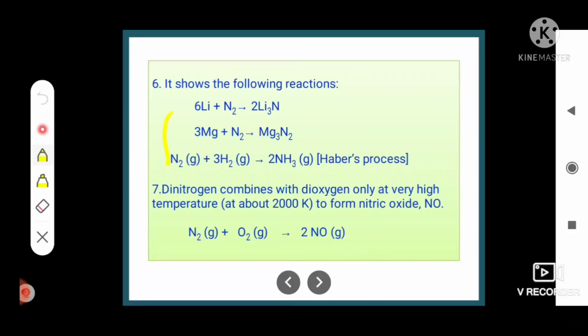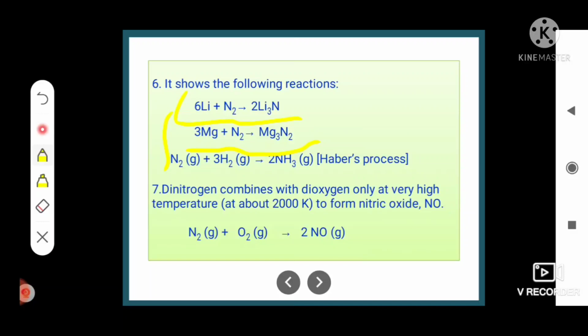This is the example. Lithium, a metal, reacts with N2 to give lithium nitride. Magnesium, also a metal, reacts with dinitrogen to form magnesium nitride.